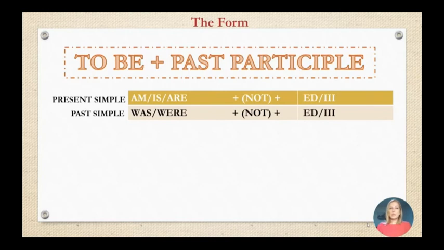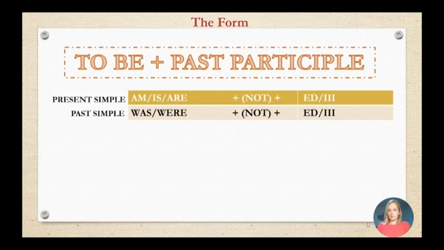So the verb to be in present simple tense is am, is, or are, and in past simple it is was or were. Of course, if we need a negative sentence, we add not, because that's how we form a negative sentence with the verb to be. And we use past participle.